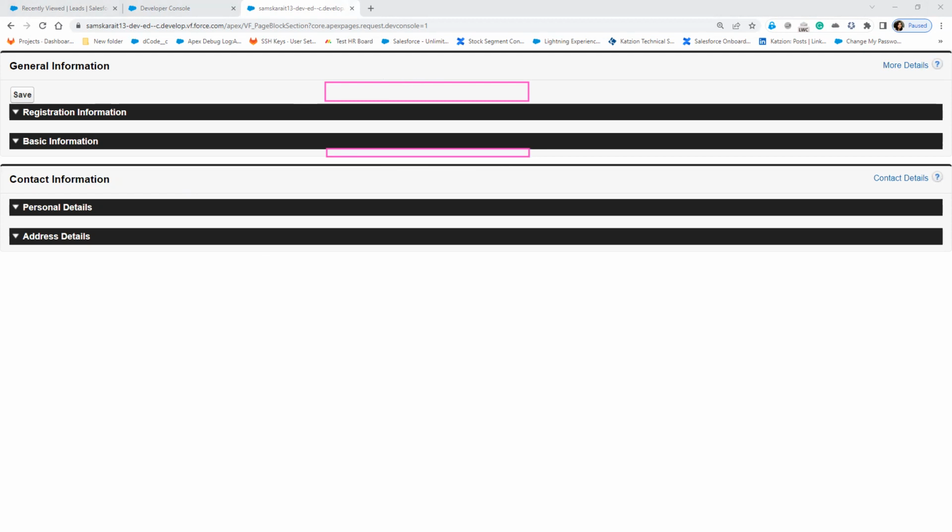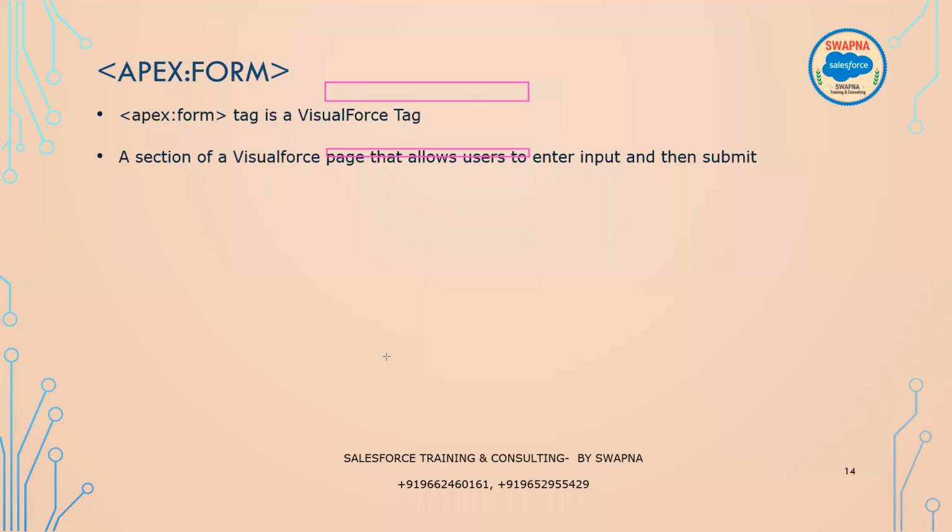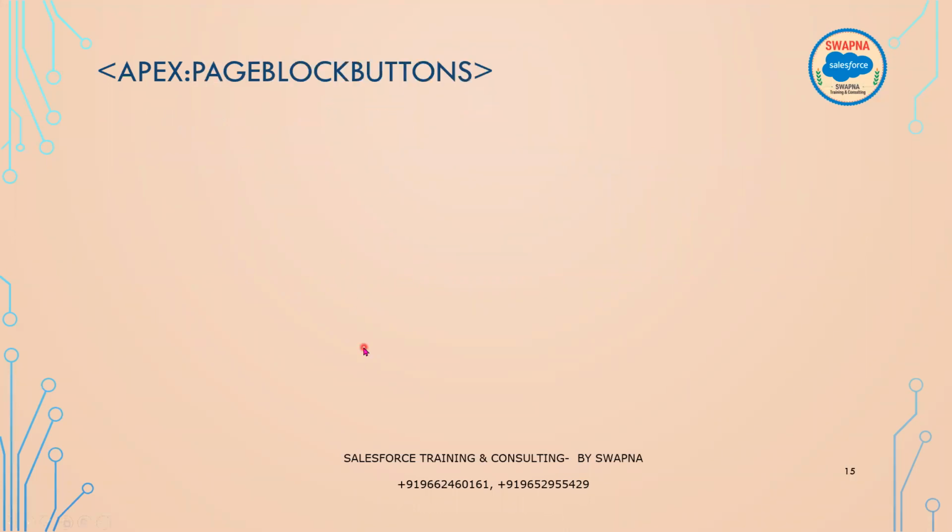In that scenario, what we can do is use another tag called apex colon page block buttons. Salesforce has given this because sometimes we spend too much time adjusting the buttons.